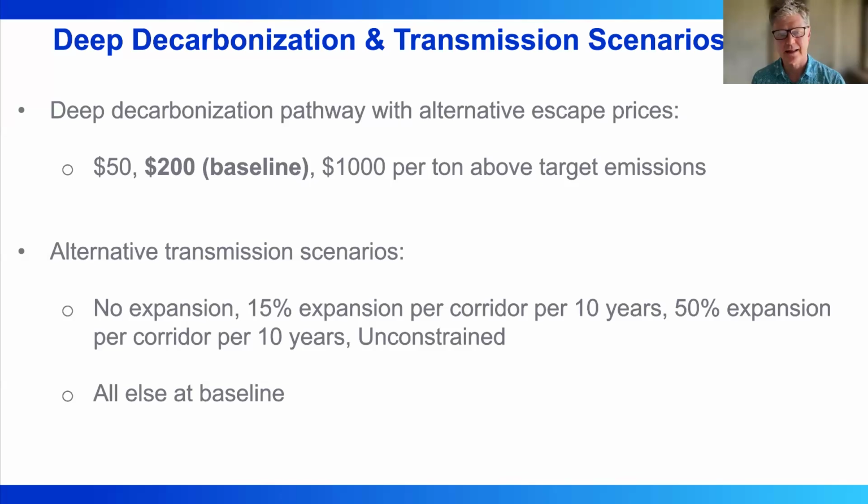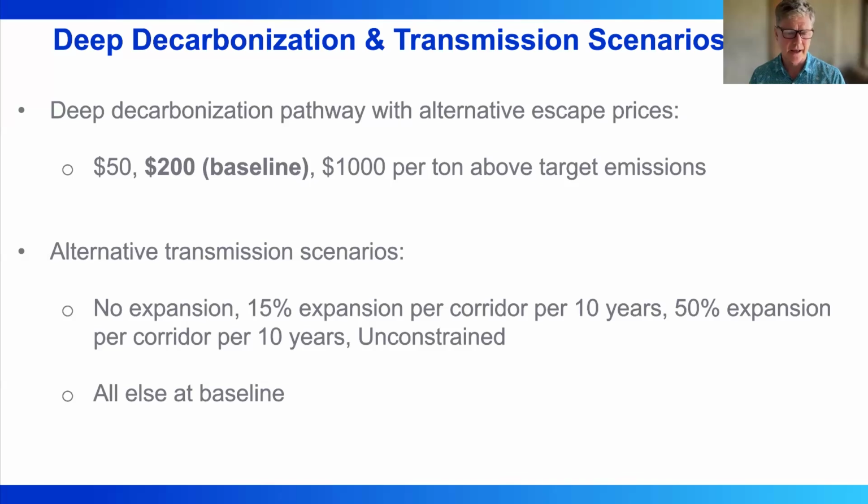It's not exactly like a carbon price. It only charges a price of carbon above the target decarbonization, and there are 3 different price levels: $50, $200 per ton, and $1,000. Our baseline for most of our scenarios is $200, which is around the price that EPA is currently targeting for the social cost of carbon.